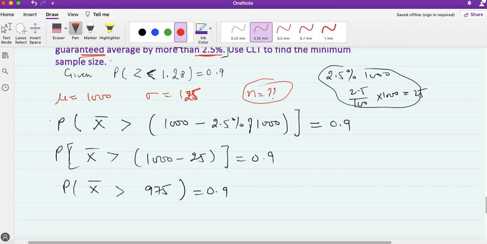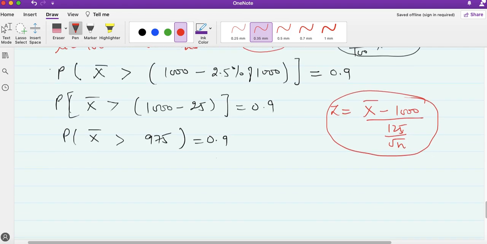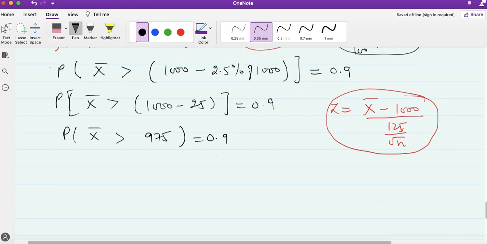Now again the same thing. What is our z value here? Z is x bar minus mean. Mean is 1000 here, divided by sigma 125 upon root n. So this is the z value. So I'm going to convert our question into z. Where there is a variable, it will be converted into the z variable. Where there is a point, it will be substituted in place of x bar.